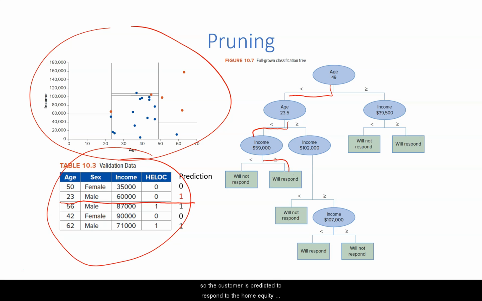So the customer is predicted to respond to the home equity line of credit offer, according to the classification tree. However, the customer actually belongs to class 0, which is the class that does not respond to the offer. As you can see in this example, even though the misclassification rate of the full tree on the training dataset would be 0, when it is applied to a new dataset, the misclassification rate increased to 1 out of 5, or 20%.